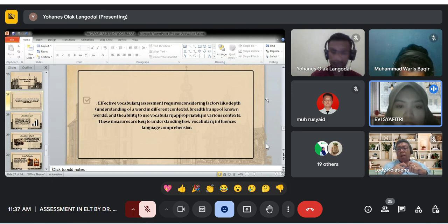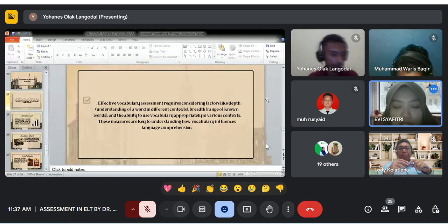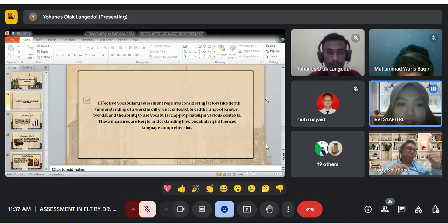So comprehensive measures of vocabulary assess various aspects of a learner's vocabulary proficiency beyond just word count. And these measures are particularly useful when vocabulary is a part of a larger construct, such as communicative competence in speaking, academic writing, or listening comprehension.